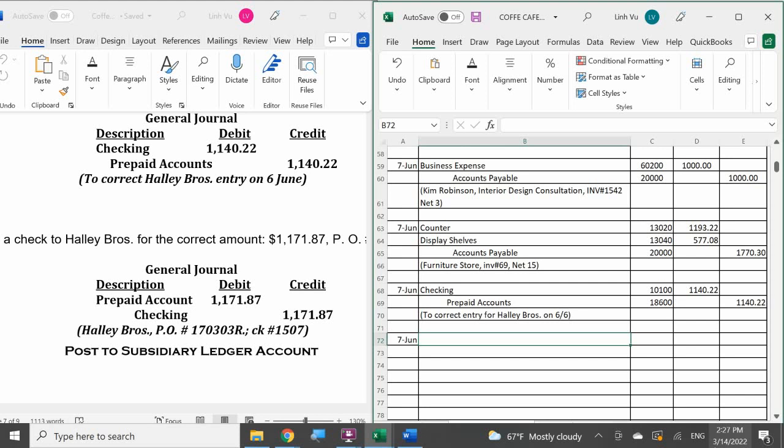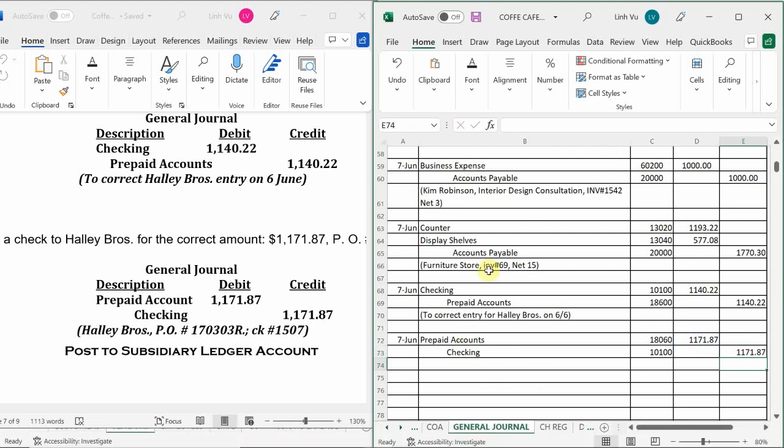We already reversed the transaction. Now I'm going to be entering the transaction with the correct amount. So prepaid accounts and checking. This time it's for the $11.71.87.